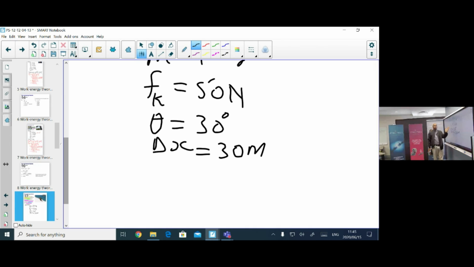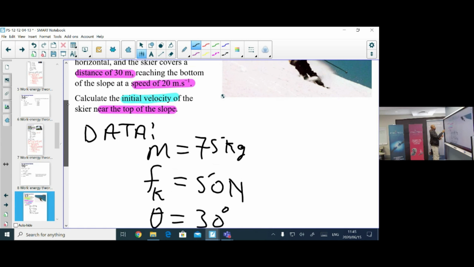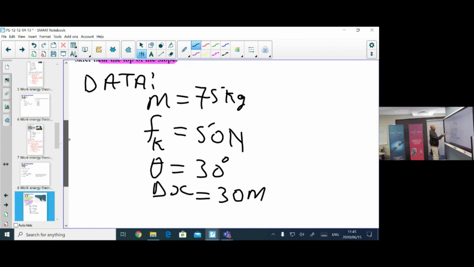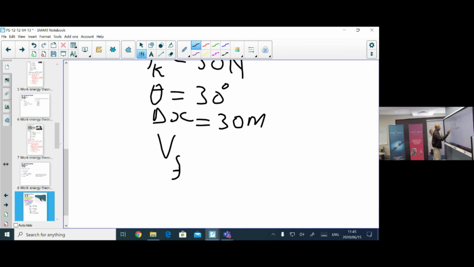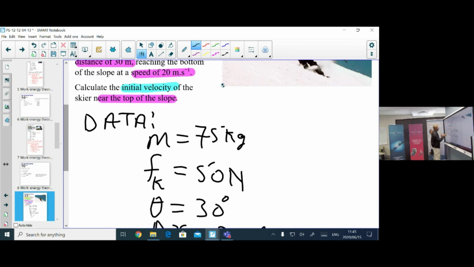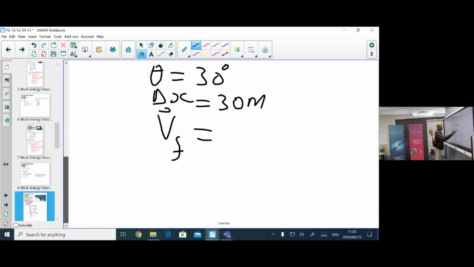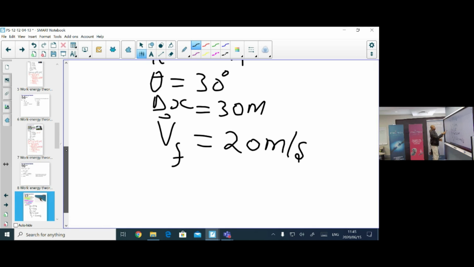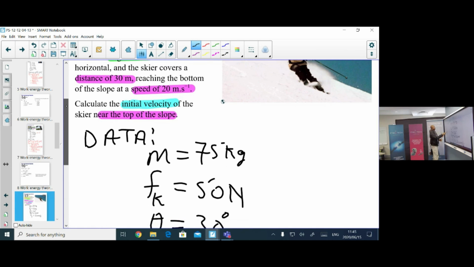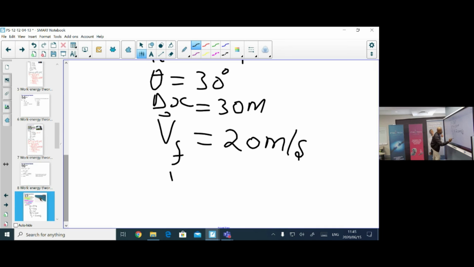If I just write 50 without a unit, you don't know what that 50 is for. We have the final velocity, V final, which is equal to 20 meters per second. What are they looking for? That is the initial velocity, which is unknown.